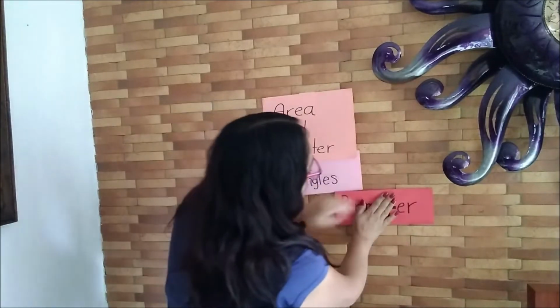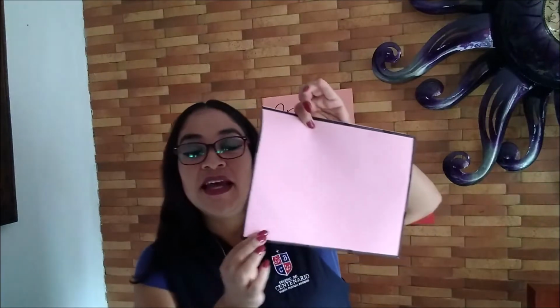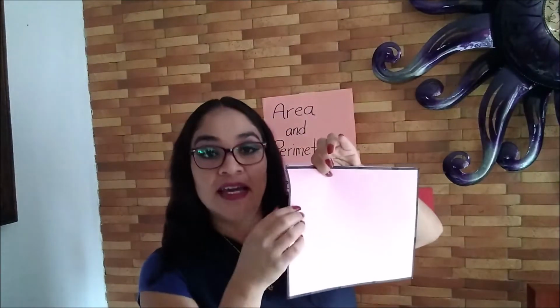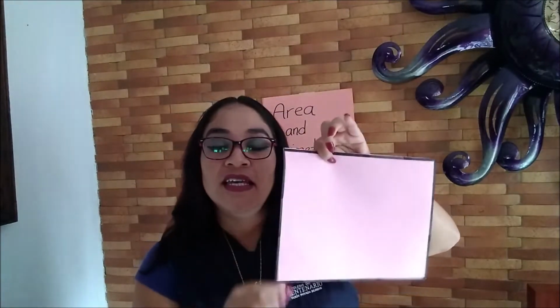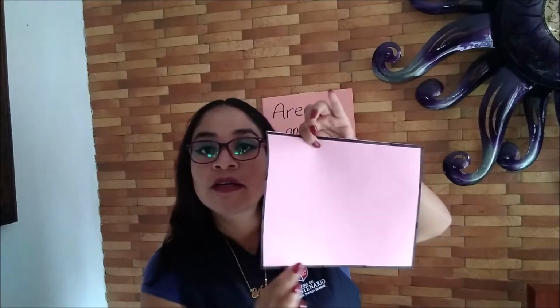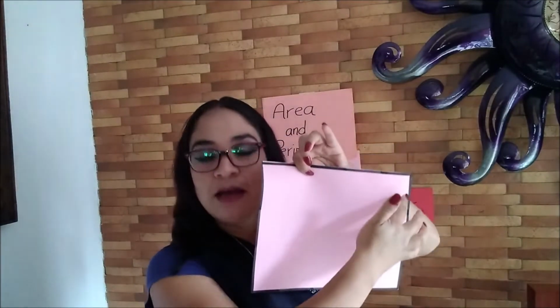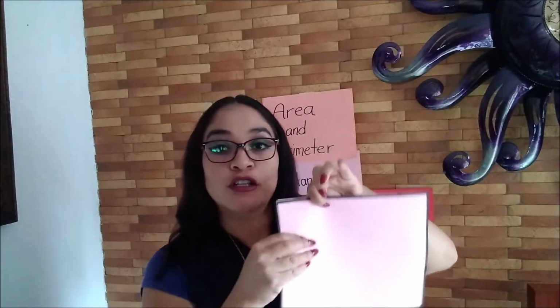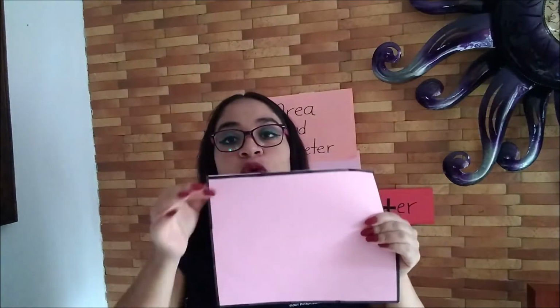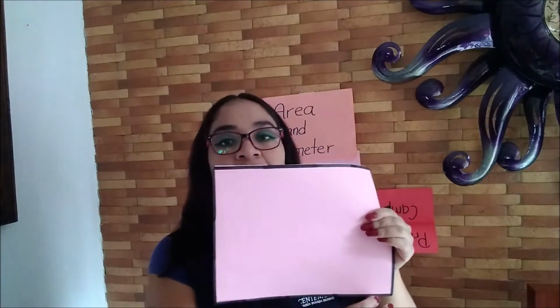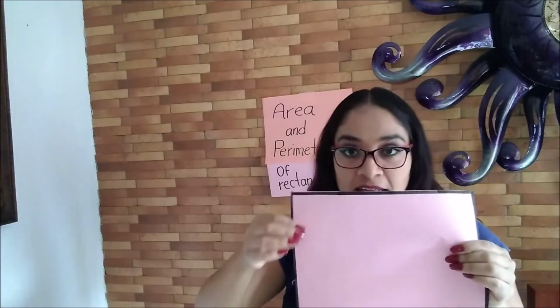Because when we're calculating a perimeter, we just need to add the length of all the sides. Let's pretend that this is 5 centimeters long, 10 centimeters long, 5 centimeters long, and 10 centimeters long. For calculating the perimeter, we have to add 5 plus 10 plus 5 plus 10. And our perimeter will be 30 centimeters.